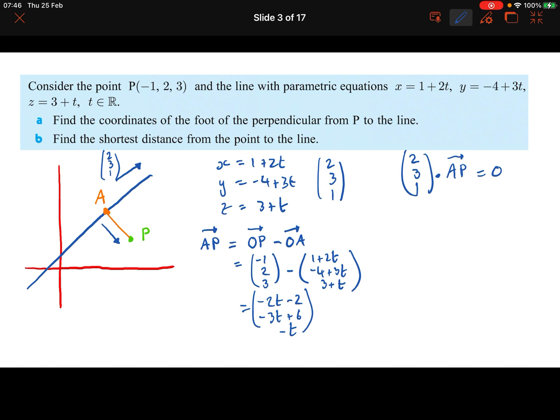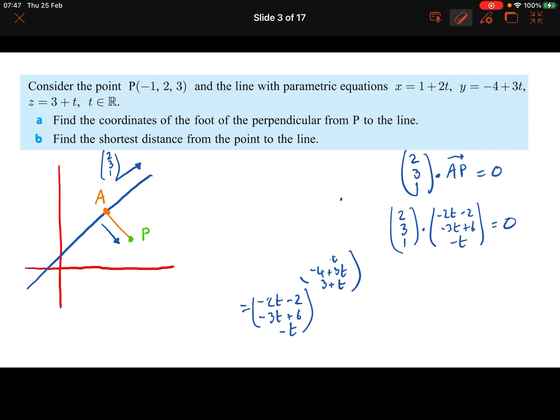So now I'm able to substitute that into this equation here: 2, 3, 1 dot minus 2t minus 2, minus 3t plus 6, minus t is equal to 0, because we know that those vectors are perpendicular to each other. Okay, so I'm just going to clear some space. If you need to see some working out, you can just go back in the video. So I'm going to find this dot product. I need to do 2 times minus 2t minus 2.